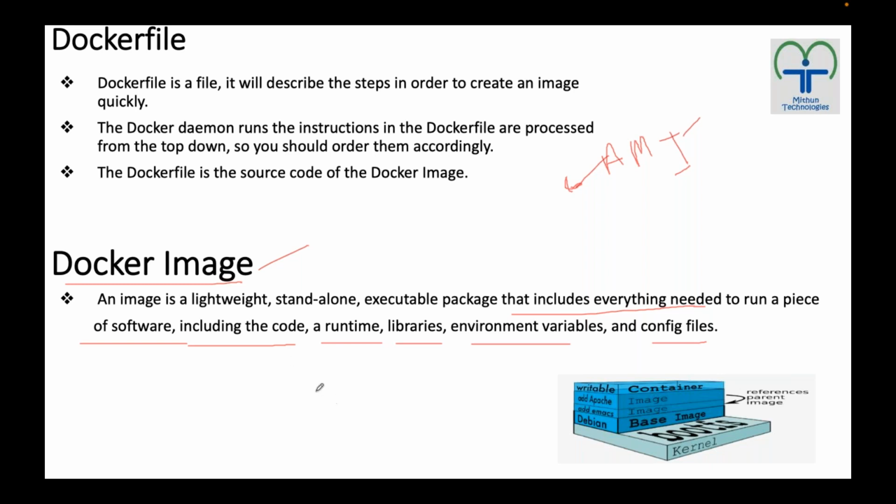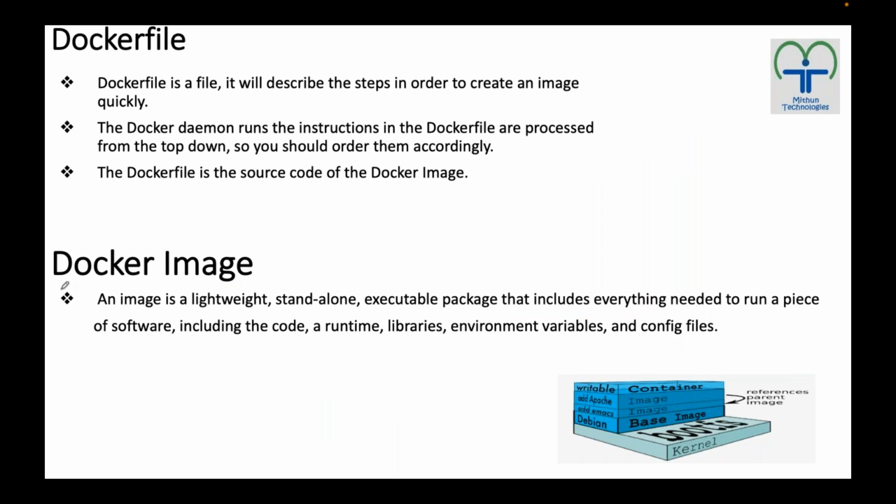So this Docker image is like a package which contains everything for you to run. Simply put, a Docker image is everything except the operating system. Everything which is required to run your application, except OS. So is it going to use the host system kernel when I deploy this package? Yes.